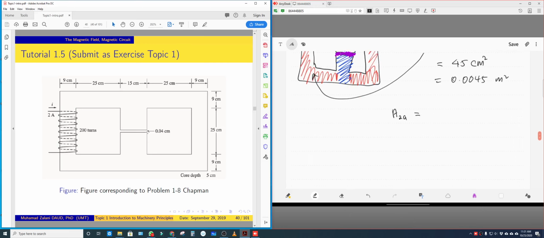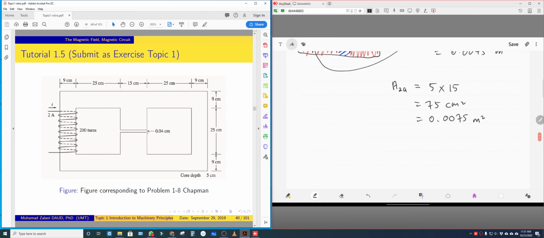A2A dia punya kedalaman 5 dan dia punya lebar adalah 15. So 75 cm square convert kepada 0.0075 meter square.